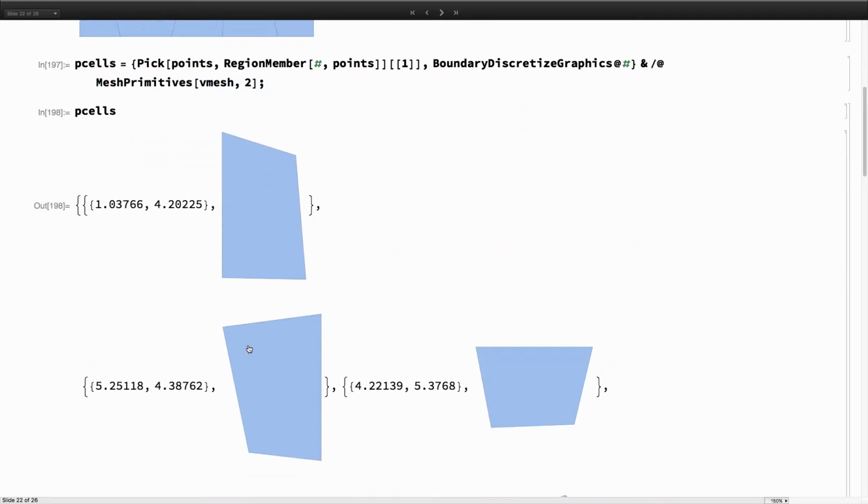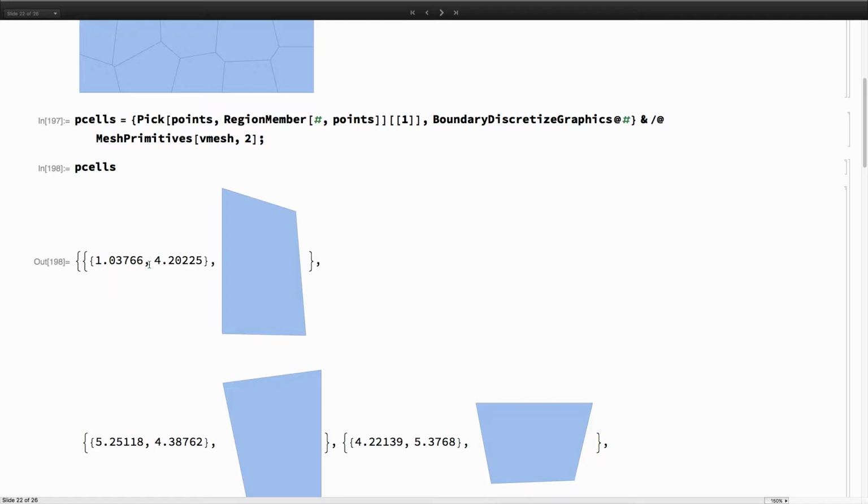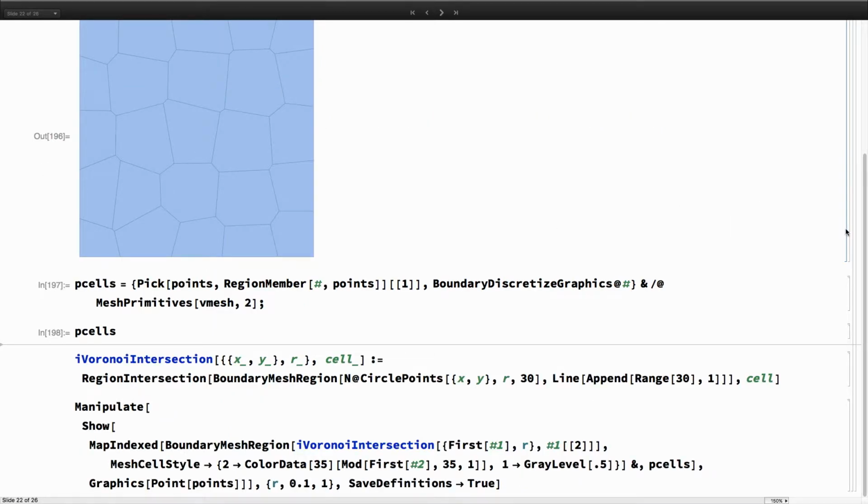So it's like here, a cell, and this one is the corresponding point in the cell. And then I apply some function, say region intersection between some circle, which changes its size over time, and the cell I extracted here.